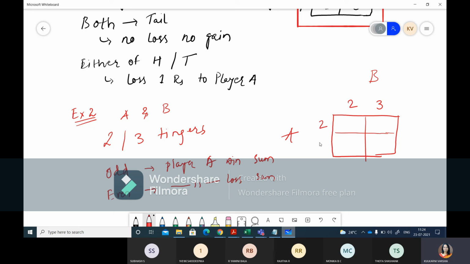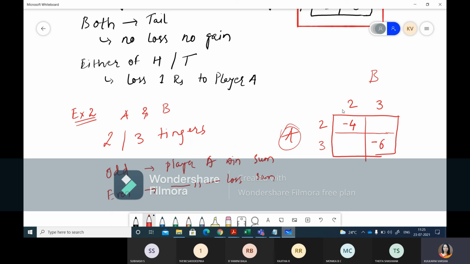Player A will also show either two fingers or three fingers. Now if both players are showing two fingers, then the sum will be 4, and that much will be a loss for player A. If both are showing 3 and 3, then the sum is 6, and that much will be the loss for player A.